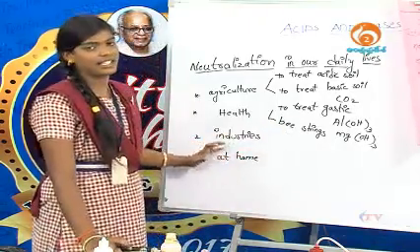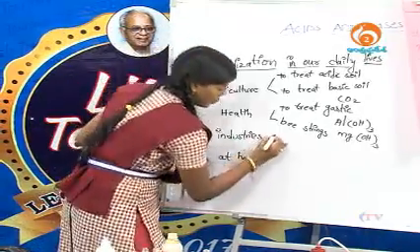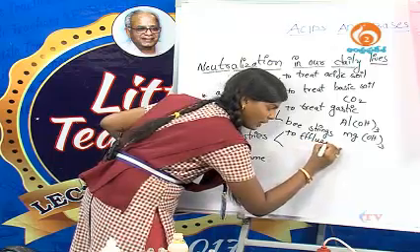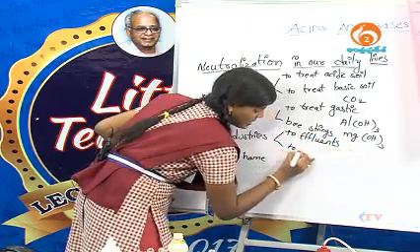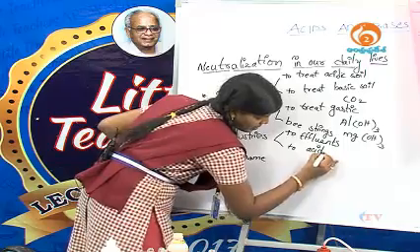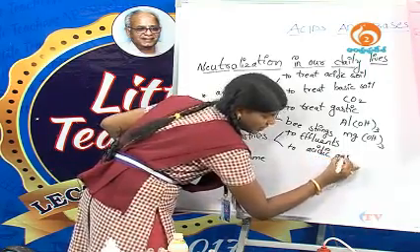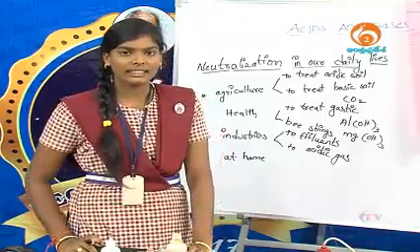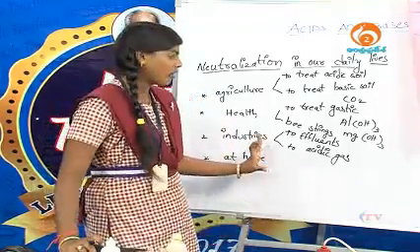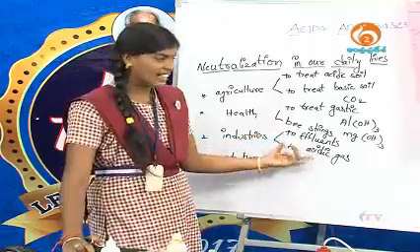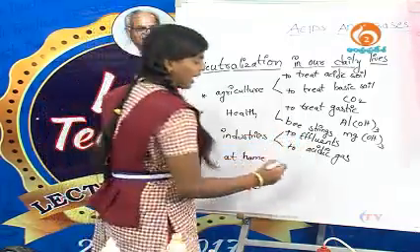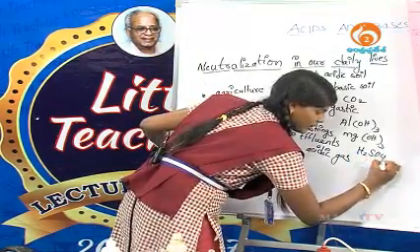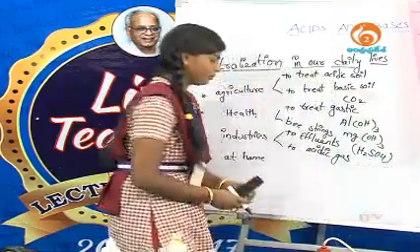Next one, industries. Industries, two types: effluents and acidic gas. Effluents from the electroplating industry contain acids such as sulfuric acid. Which acid? This is the sulfuric acid.